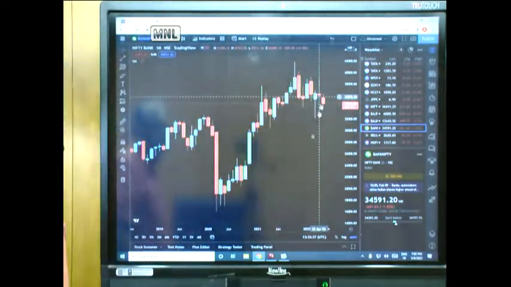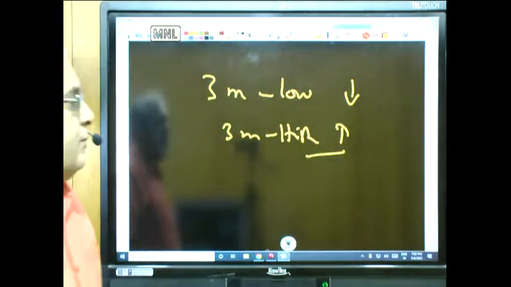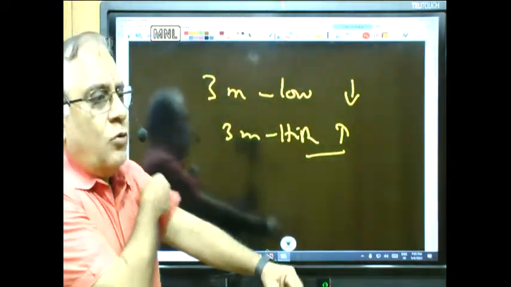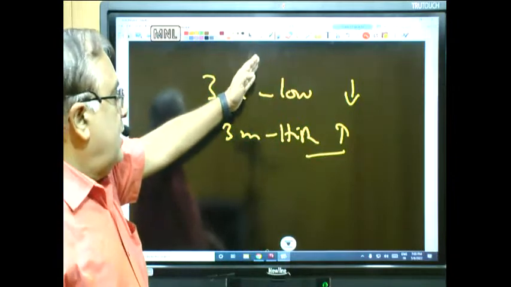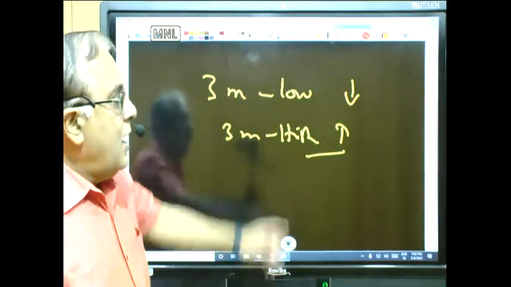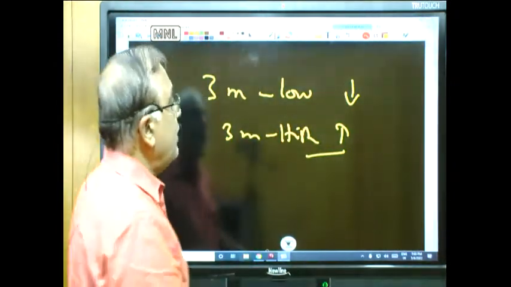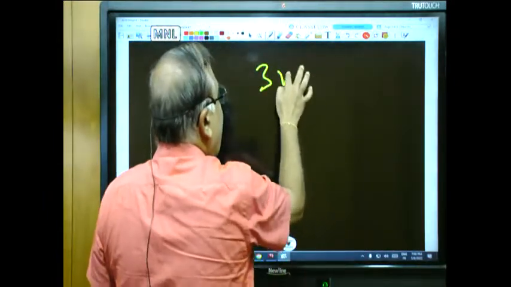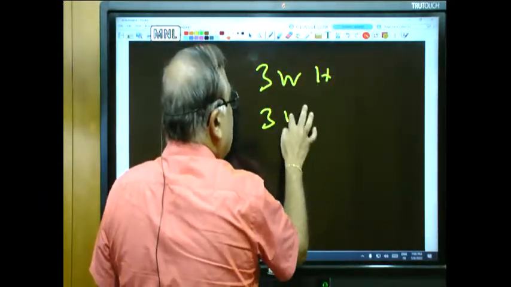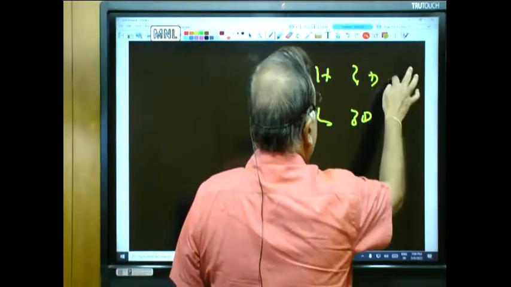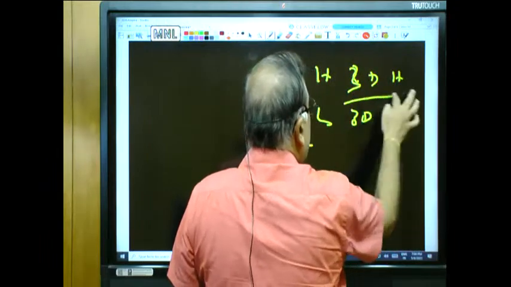Now we can also use the 3-week high and 3-week low, but it will be less effective. As you go down the time frame, there is a chance that you can have some slippages, or a minor cut can happen, and after that there can be a bounce back. Then we will see the 3-day high-low cut.